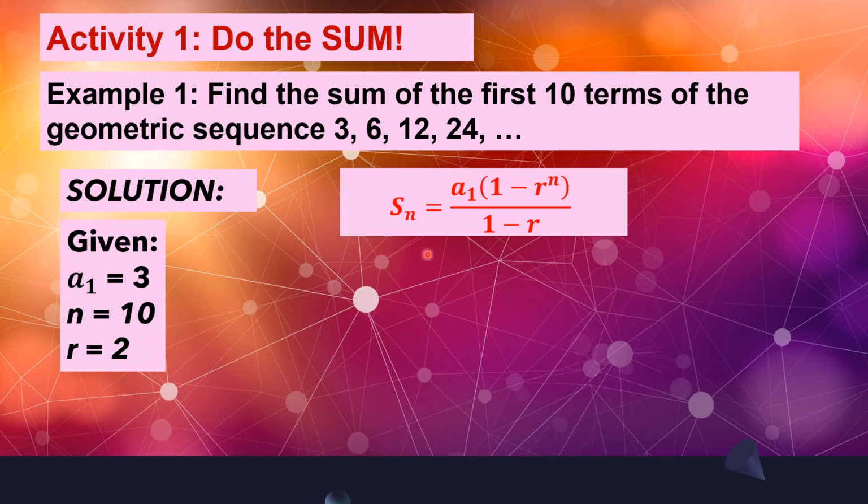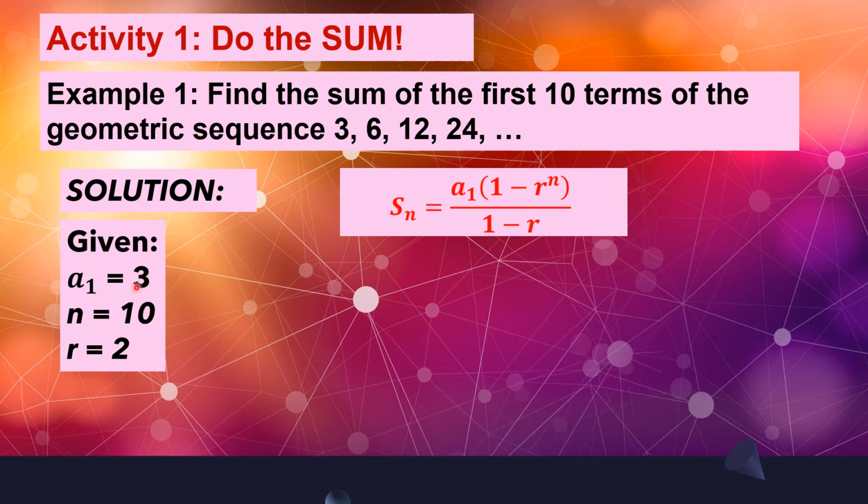So from the formula, S sub n equals a sub 1 times the quantity 1 minus r raised to n, all over 1 minus r, we are going to substitute the givens in the formula.